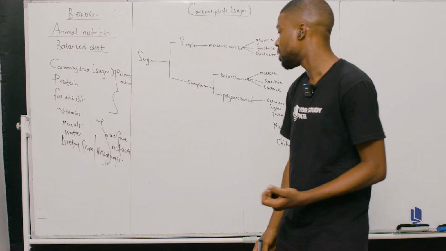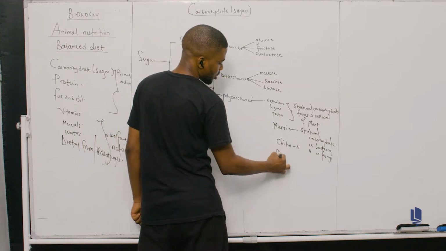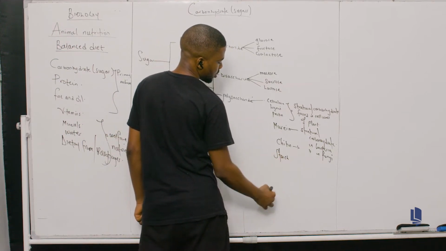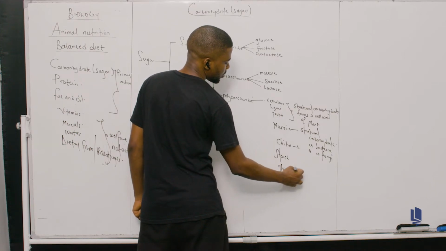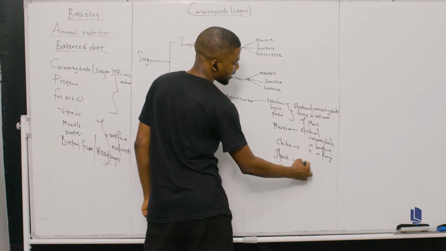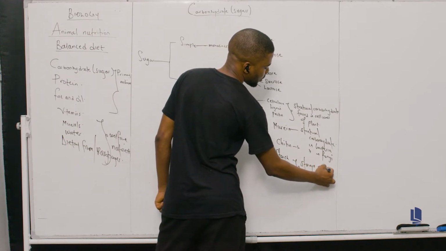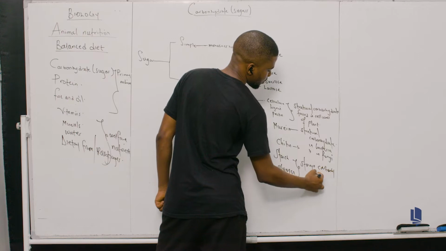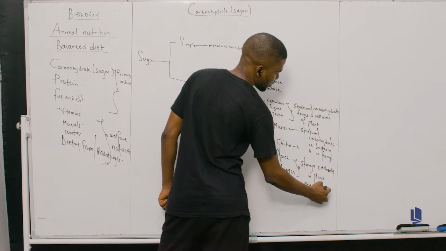Are we together now? And then we got starch. And then we got glycogen. These guys are storage carbohydrates in plants and animals.